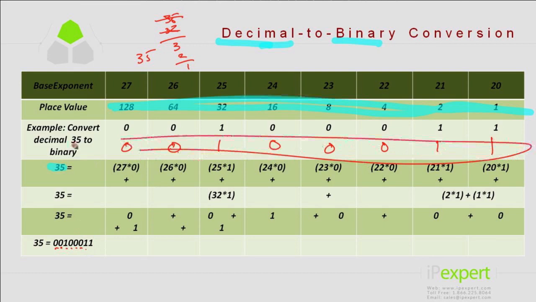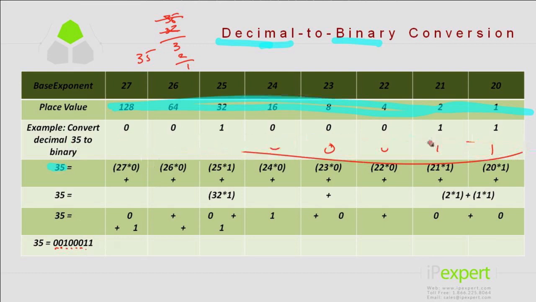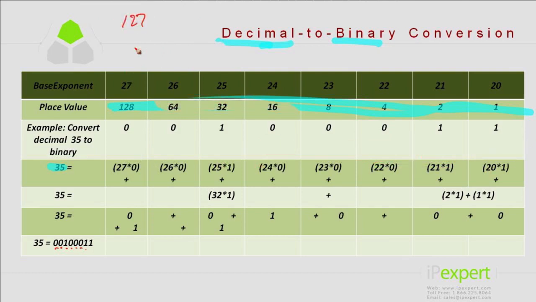Let's do another one. Let's just pick one that's not on the chart. Let's say that I want to do 127. So can I subtract 128 from 127? No. Can I subtract 64 from 127? Yes.